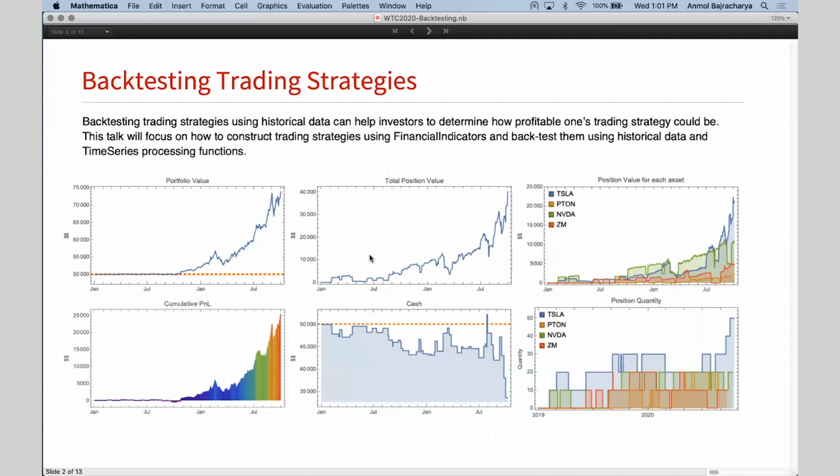It could help them determine if their trading strategy is profitable or not, right? So in this talk, I'll be using financial indicators and other time series processing functions and historical data of the stocks that will be used for trading to do backtesting.